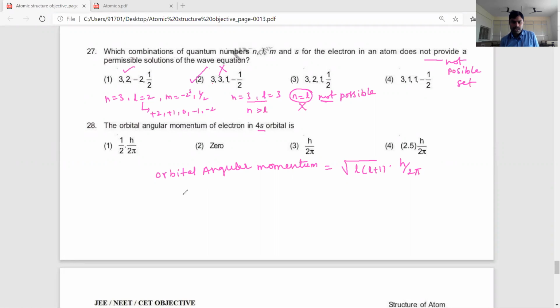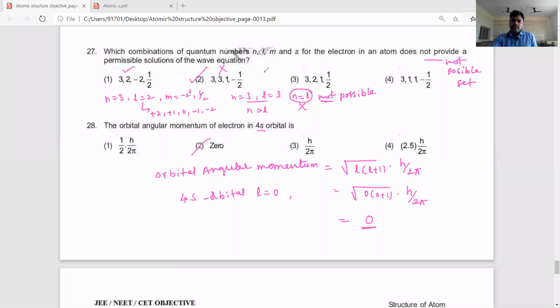For 4s orbital, l is equal to 0. Therefore, for this orbital angular momentum, you just have to substitute the l value. 0 into 0 plus 1, 0 into anything is equal to 0 only. So the resultant value is 0. So the answer is 0. Clear?